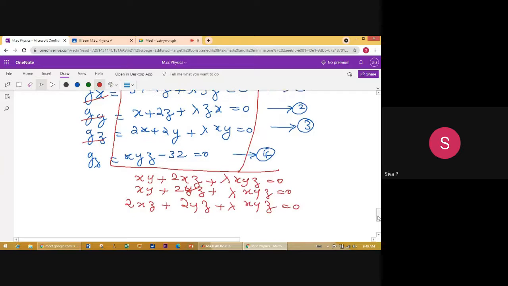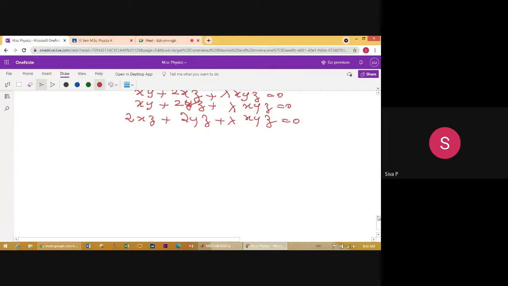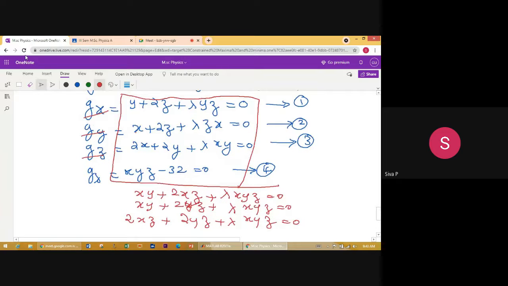So in case you are solving these two, what happens? If you subtract, all of them get cancelled. So 2xz plus 2yz.